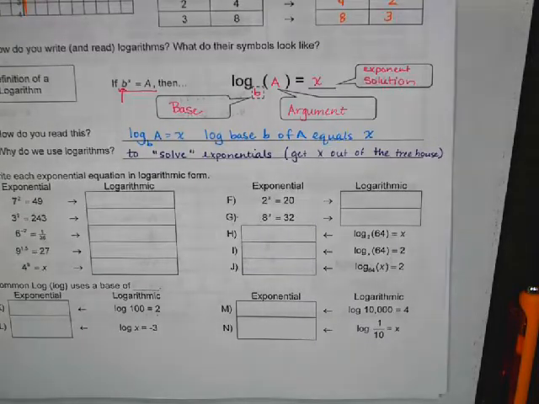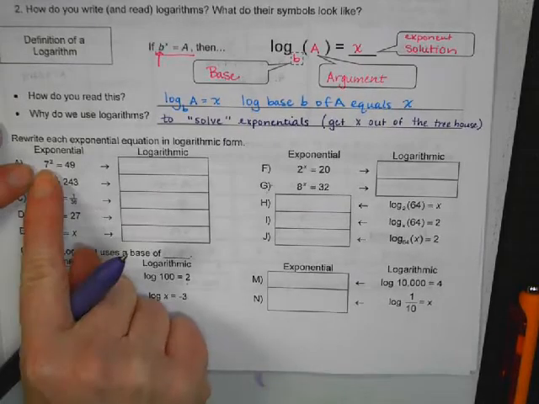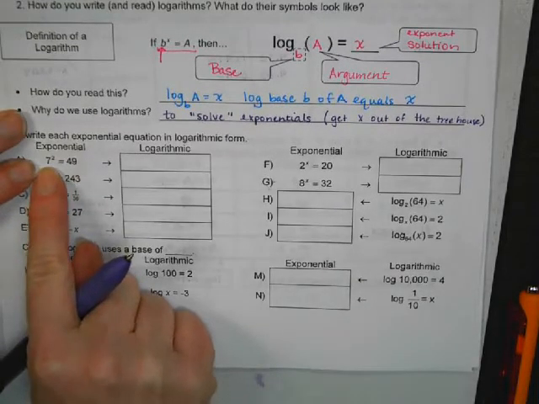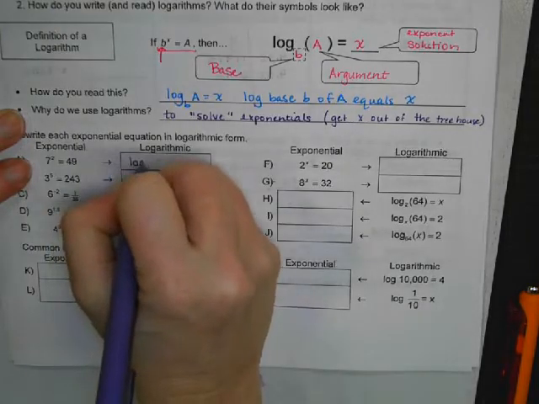So the first part of this, and all we're going to do today, is rewriting a logarithm to an exponential and an exponential to a logarithm. You just have to learn the order. So if we look at A, this is an exponential base of 7. The base is always the base. It's a big base on an exponential. It's the little base on the logarithm. So it's going to be log base 7.